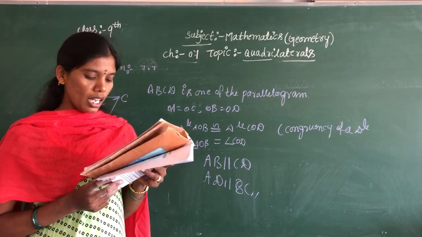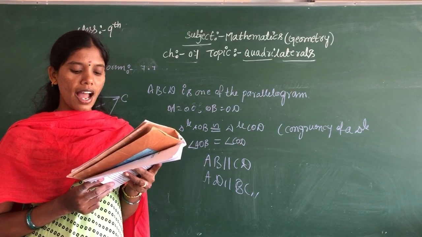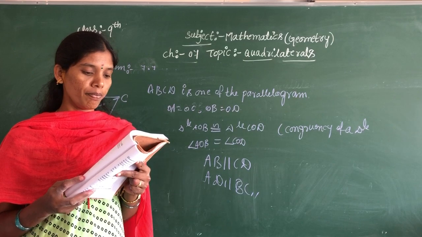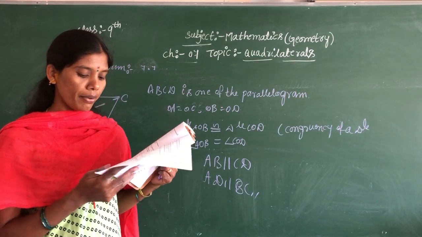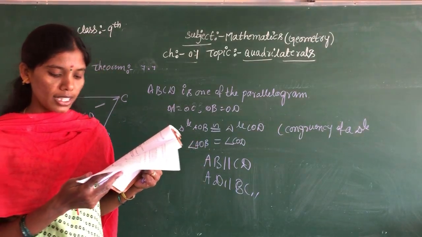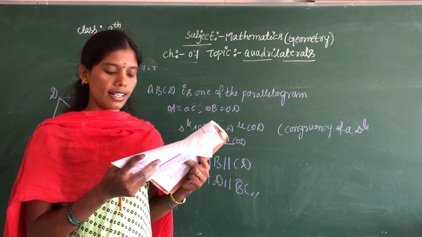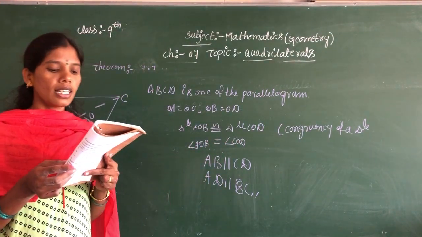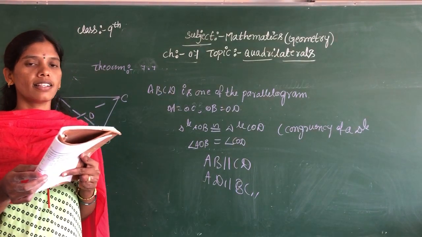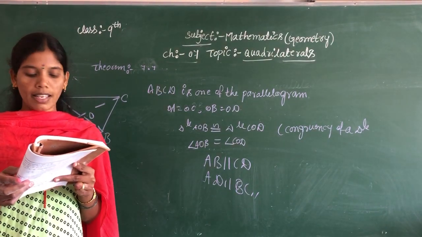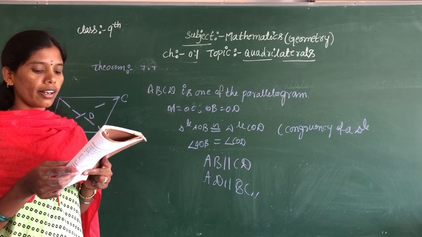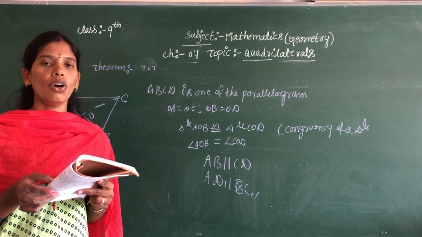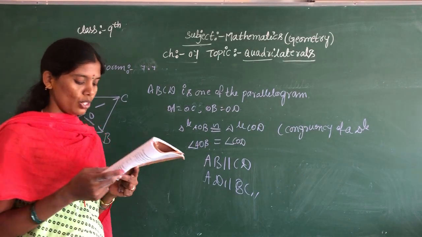In the fourth one, in a parallelogram, opposite angles are equal. In the fifth one, if in a quadrilateral each pair of opposite angles is equal, then it is a parallelogram. Okay children, in the sixth one, the diagonals of a parallelogram bisect each other. Next, in theorem 7, if the diagonals of a quadrilateral bisect each other, then it is a parallelogram.